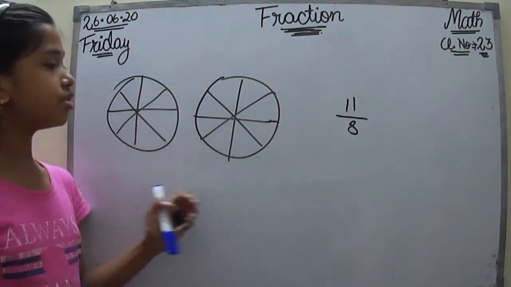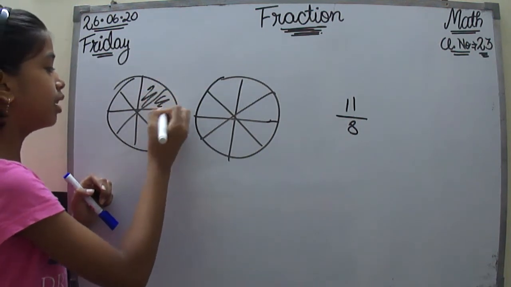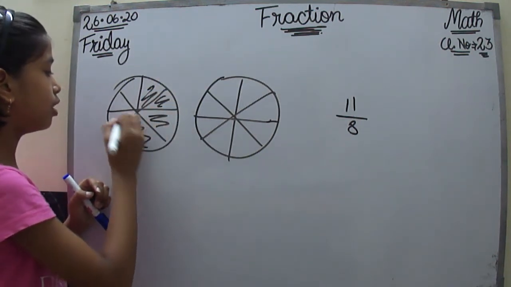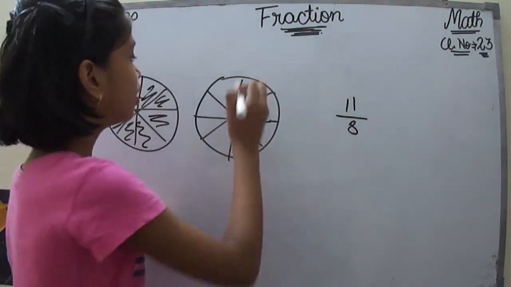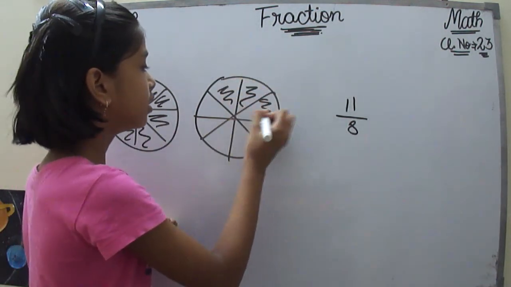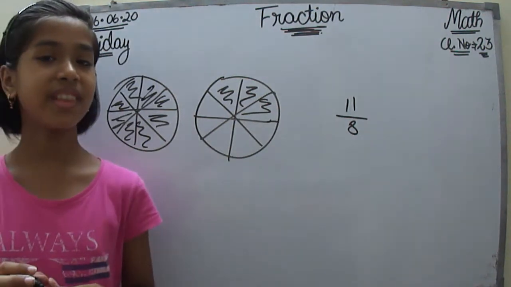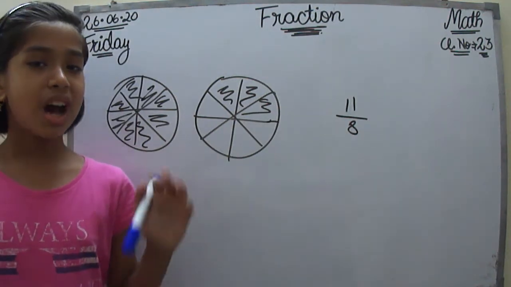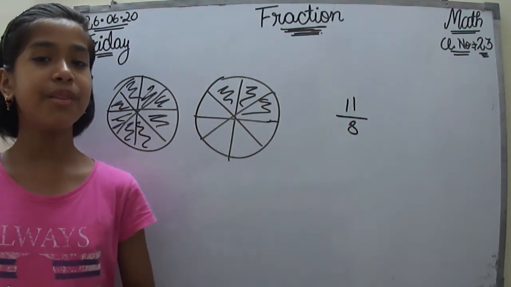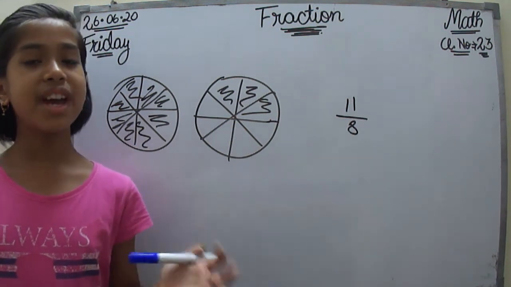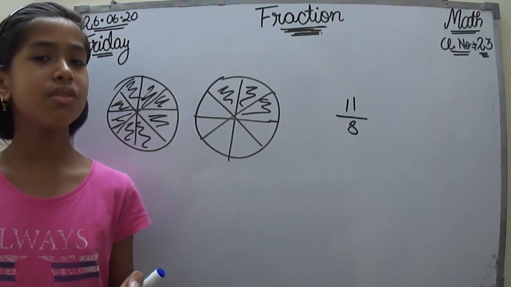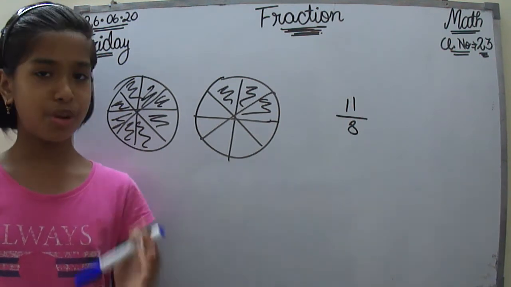If I shade all 8 parts here, and then shade more, each pizza was divided into 8 parts. What is the fraction? 11 upon 8.